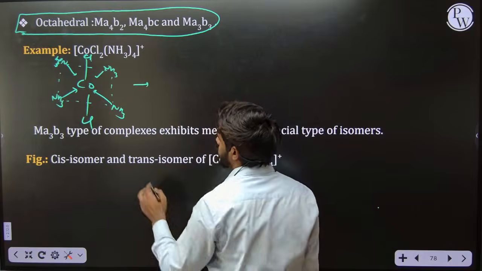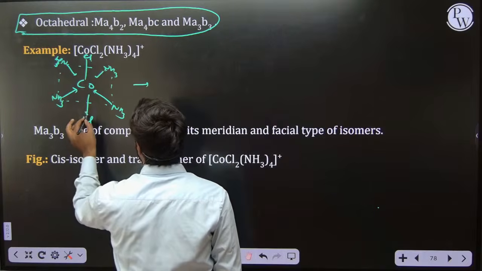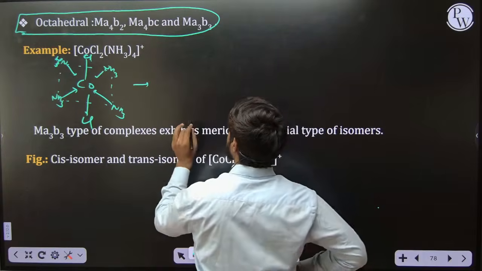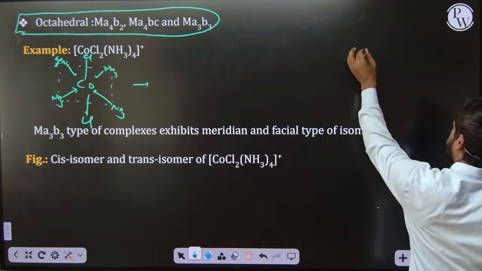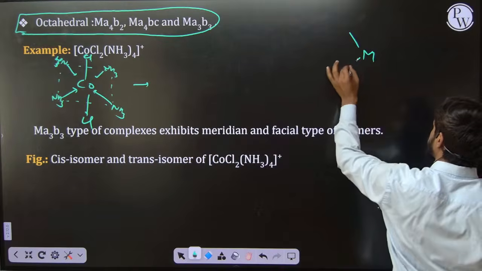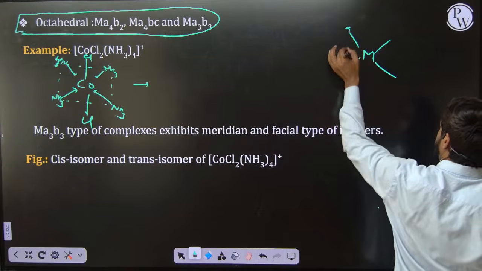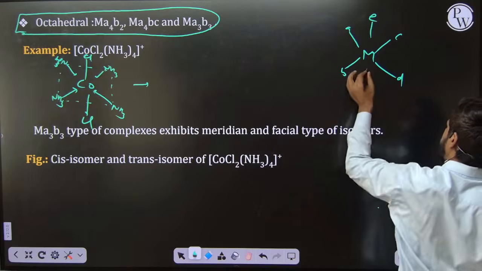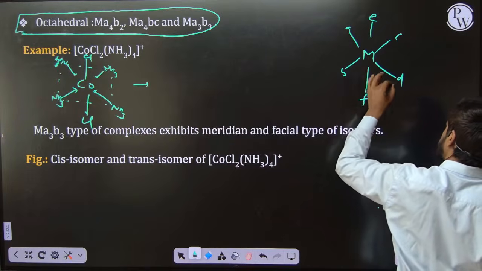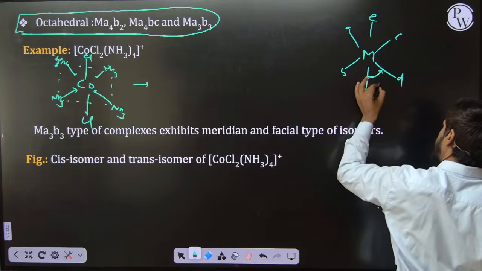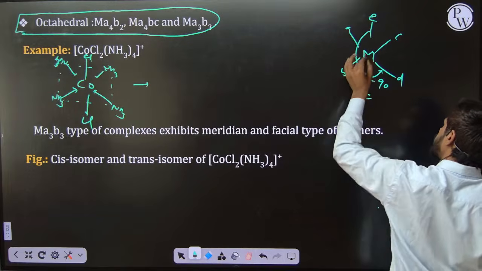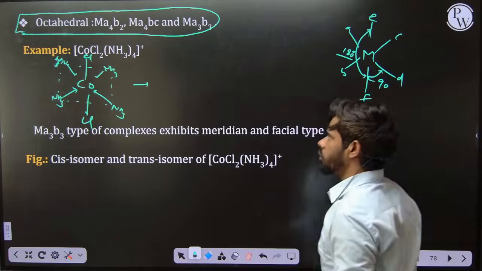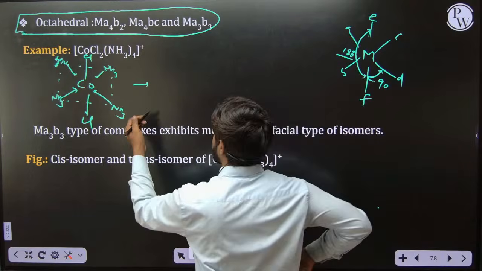Next we can look at the relative position of chlorine. In an octahedral complex there are two types of positions among A, B, C, D, E and F: one which is at 90 degrees, another which is at 180 degrees.